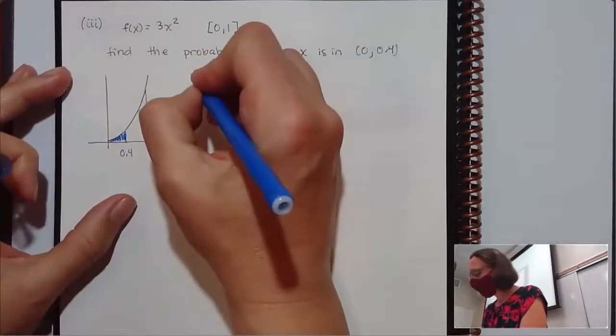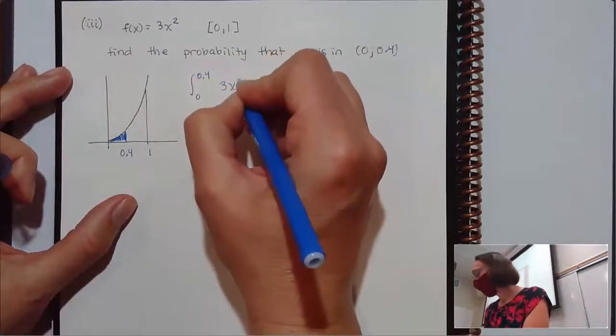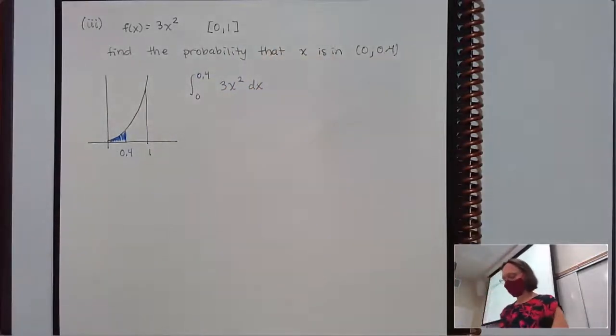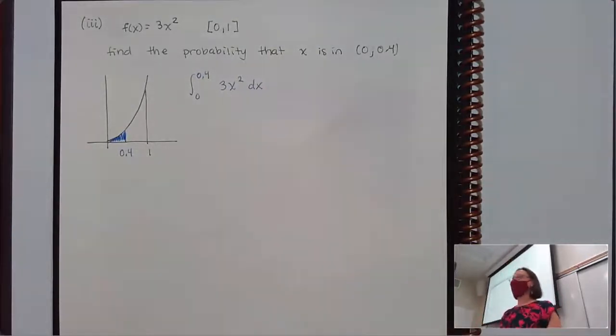So we're going to integrate from 0 to 0.4 of 3x squared dx. Most of these continuous distributions, at least the things that he's given us, they're all kind of easy to integrate. So we might as well.